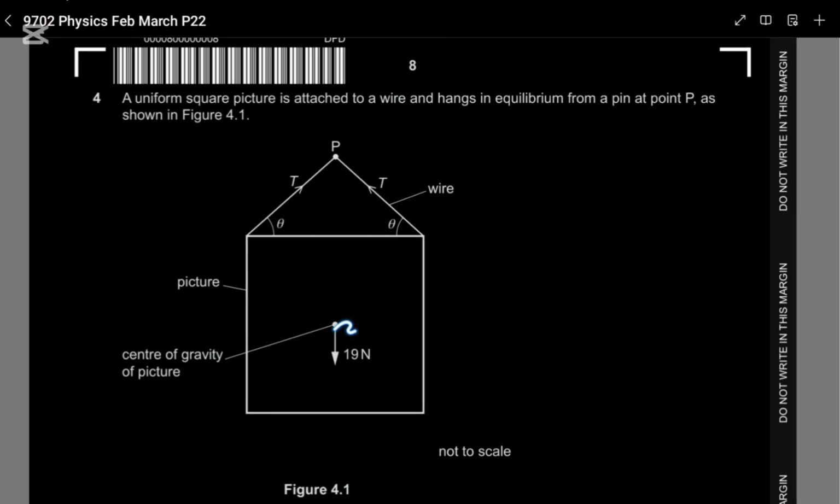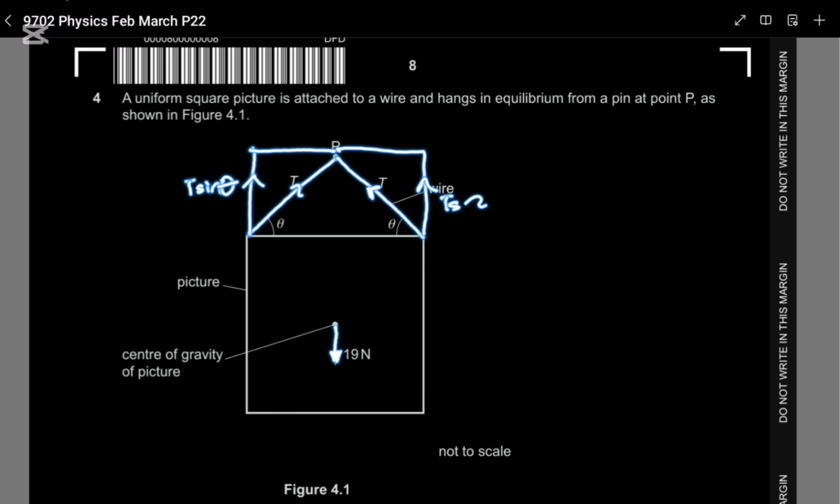What do you see downwards? It's the weight. What do you see upwards? It's the tension. There are two tensions over here, but it's not the tension specifically, it's the vertical component of tension. This is going to be T sine theta, and the same over here, T sine theta.